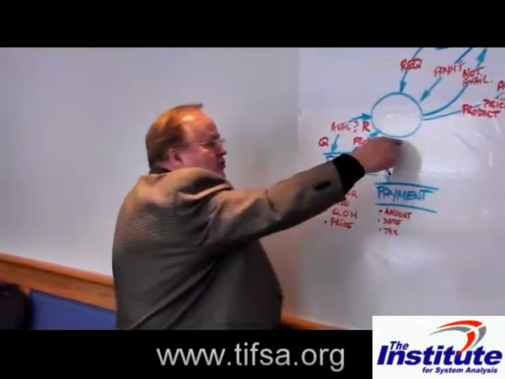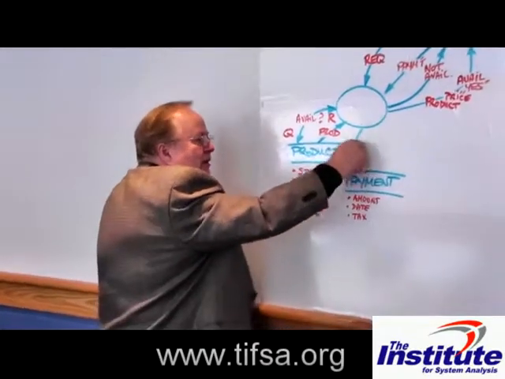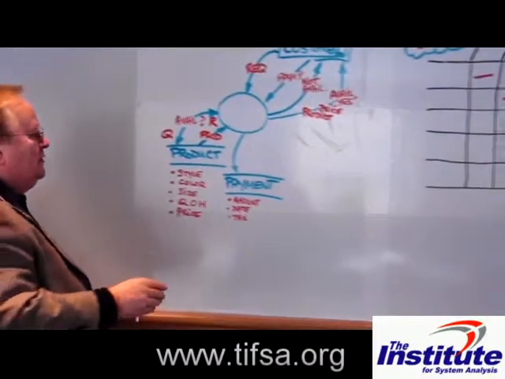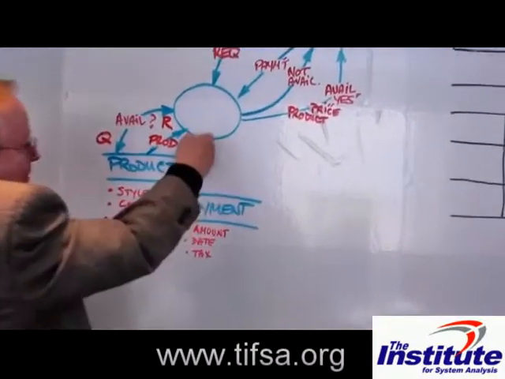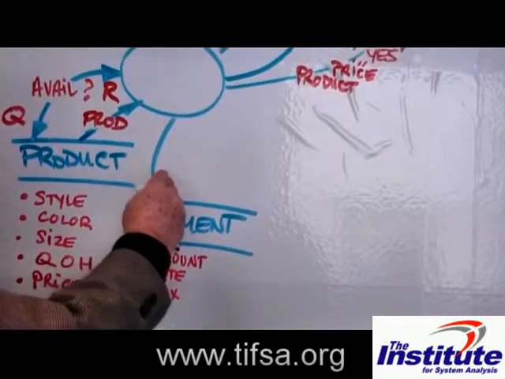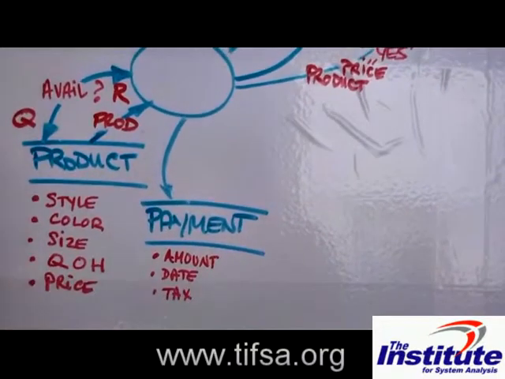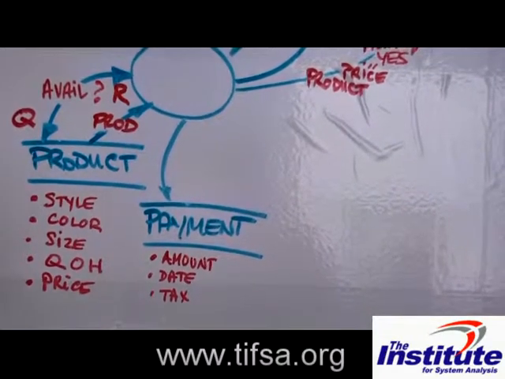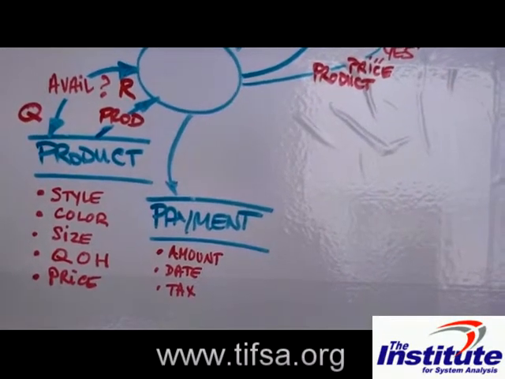In this case, you'll notice that I didn't label this data flow. The reason is that it's not important yet to distinguish this data flow from anything else about the payment. That data flow simply says payment information, and that's sufficient to communicate in this case.